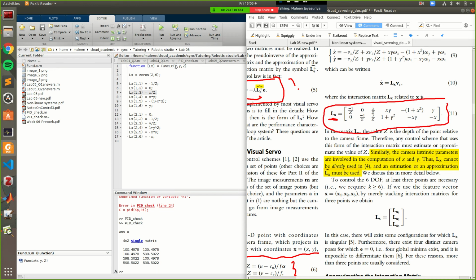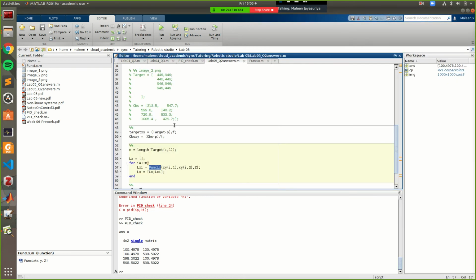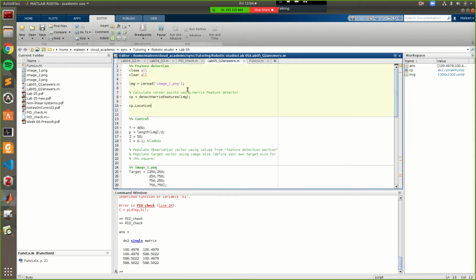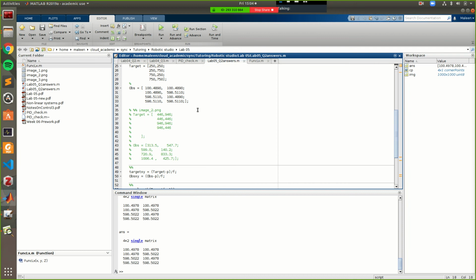To call that function, I just have to give x, y, z, and it will output this LX matrix. So we have to do that for all of those 4 points, right? So I calculate the LX matrix for all of those 4 points by just running it over each of those 4 points, right? So if I run this, just show you.